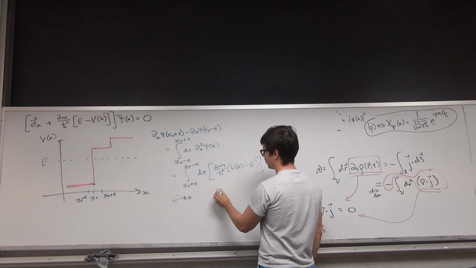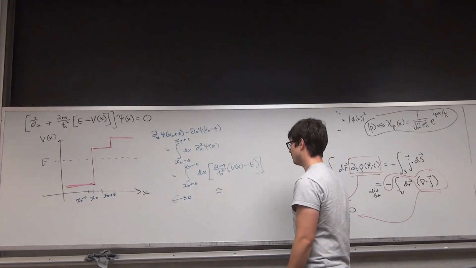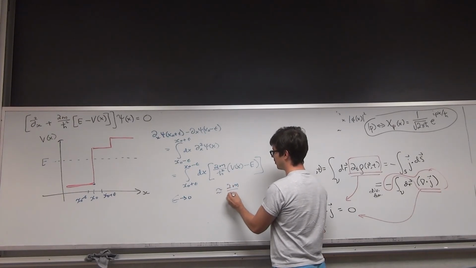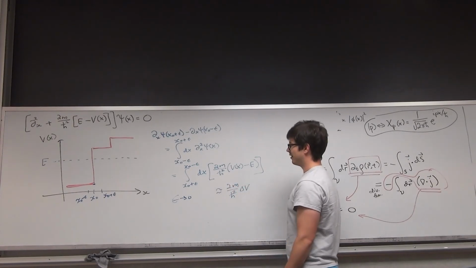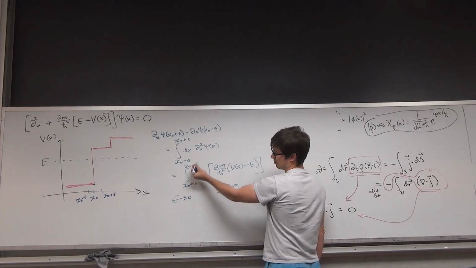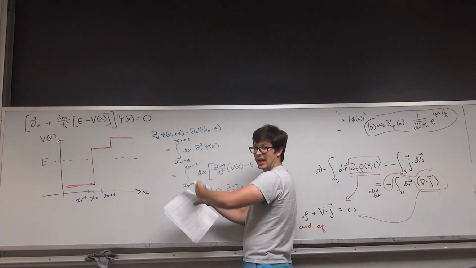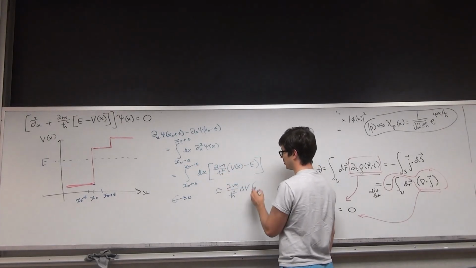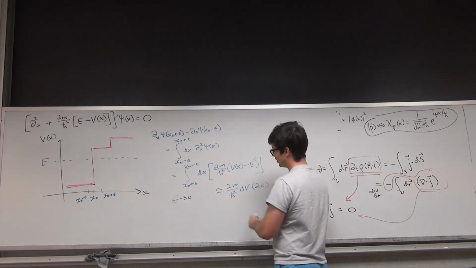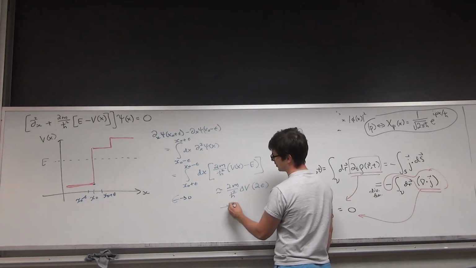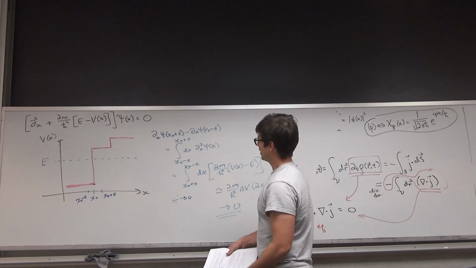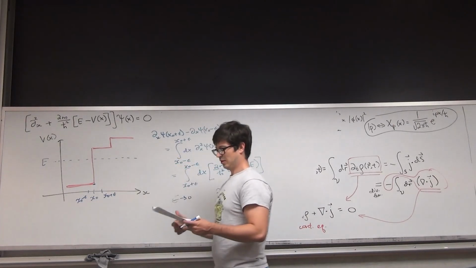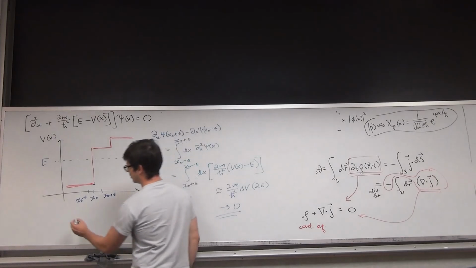So this becomes approximately equal to 2m over h bar squared times the jump in the potential times the distance. So an integral is an area, right? So it's the value of this function times the interval over which you're integrating, which is 2 epsilon. So if this is finite, this just goes to 0. And what this means is that the derivative is continuous for finite jumps.